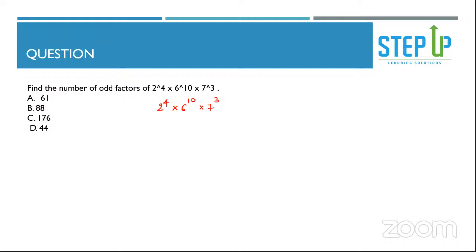Okay, so if it is 6 to the power 10, it means that it will be 2 into 3. So 2 to the power 10 and 3 to the power 10. So let's start mental calculation. Let's keep writing in your head.